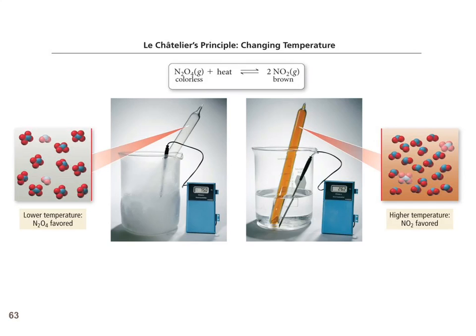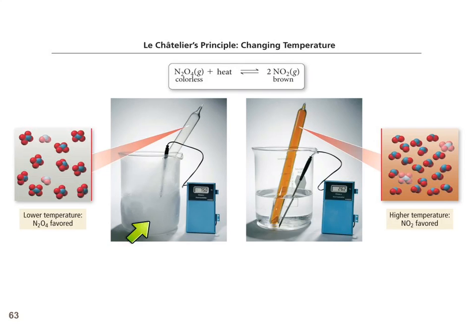So, this is a cool reaction. N2O4 is a colorless gas, and NO2 has a brown color to it. And this equilibrium, as written here, is an endothermic reaction. So here we've got a tube that's sealed, and it has a reaction mixture in it. Here we lower the temperature.